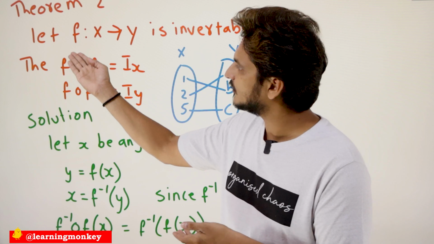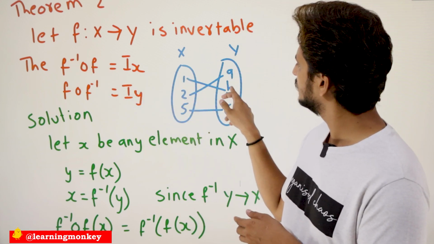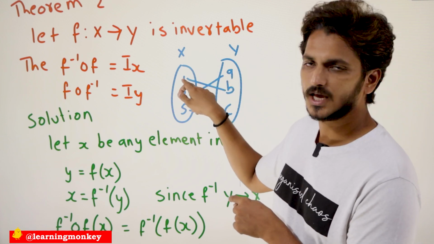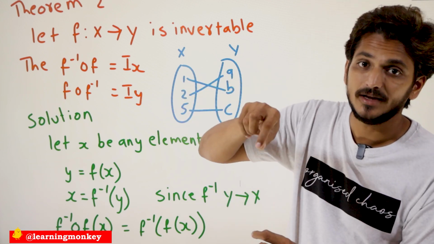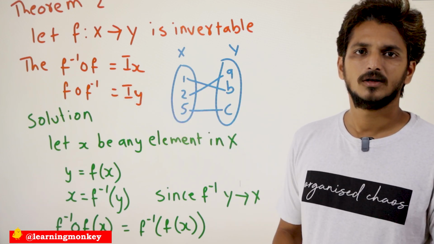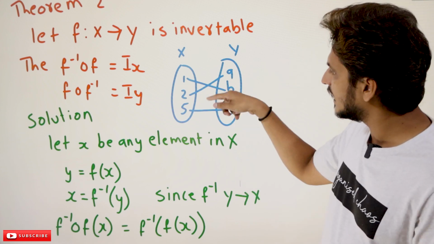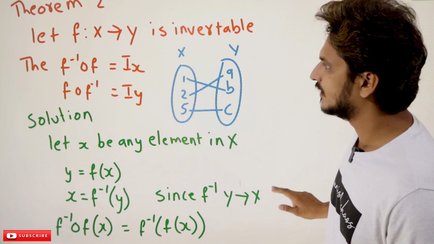That is what f inverse of f means. f inverse of f of 1 means f inverse of b, which means again 1, mapping to the same element. That is what I_X means. So this is the graphical understanding. We are going to show the proof below.